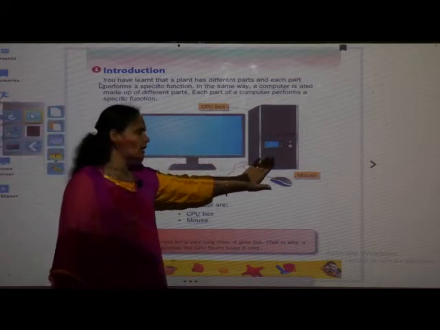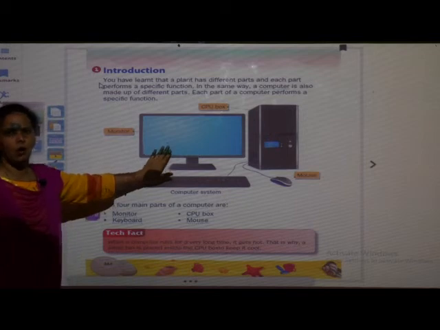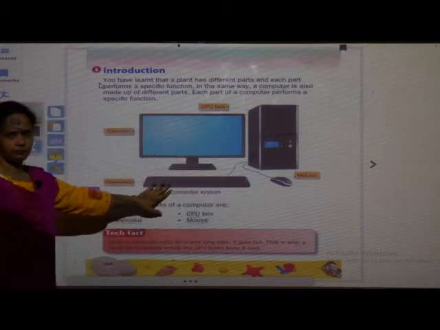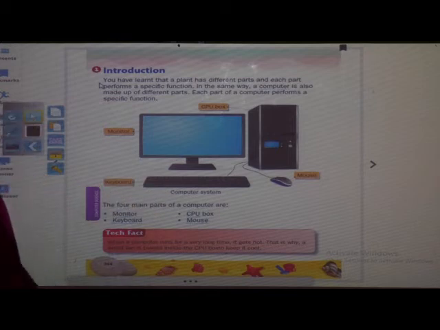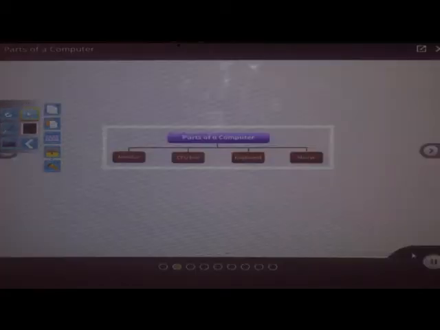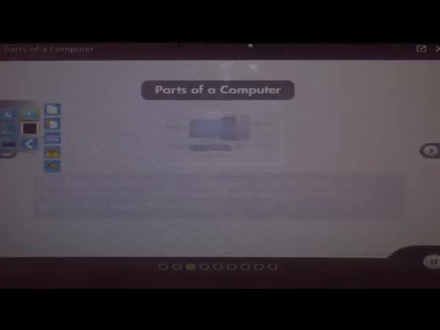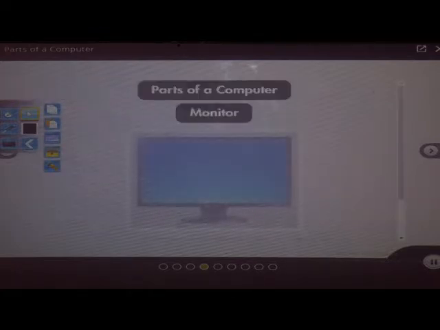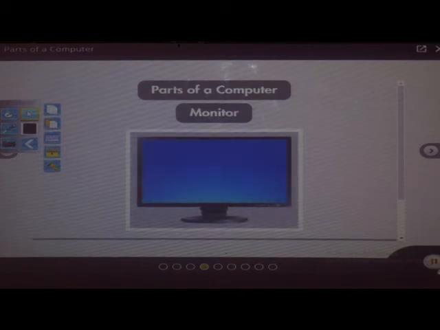If this box is connected, then only we can operate it. Next, mouse and keyboard. The 4 main parts of a computer are monitor, CPU box, keyboard and mouse. Each part of a computer performs a specific function. Parts of a computer, that is, the monitor. See the picture.